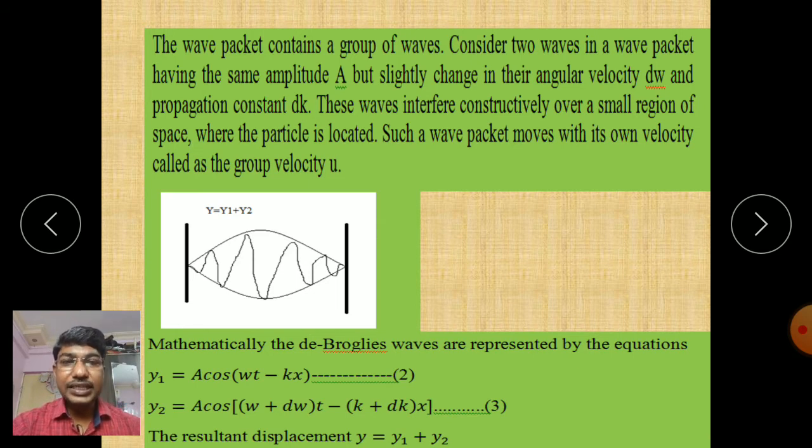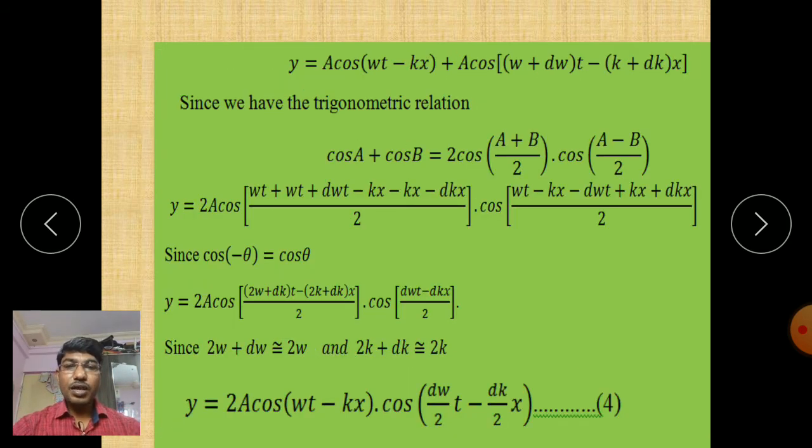Now the resultant displacement, where y1 and y2 are the displacements of the first and second waves, is y = y1 + y2. Since we have a trigonometric equation with two cosine terms, what is cos A + cos B? cos A + cos B is equal to 2 cos((A + B)/2) cos((A − B)/2).